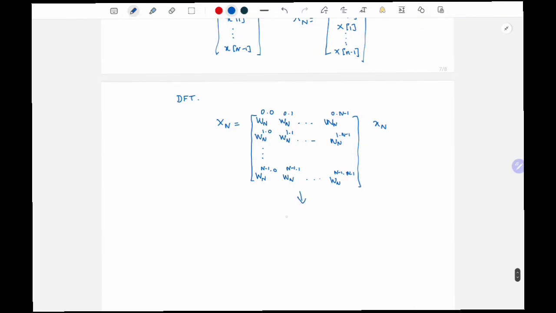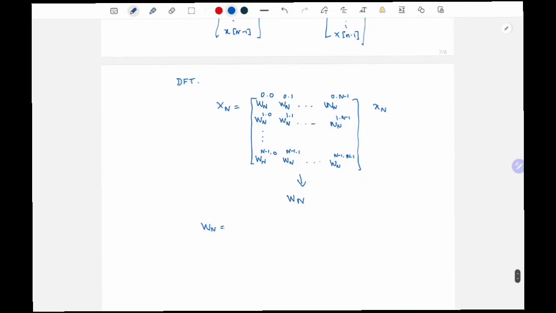So this matrix I call it as my W_N matrix. All the entries in the first row have a power of 0, so I can replace them with 1. In the second row I have W_N power 1 and so on up to W_N power N minus 1.